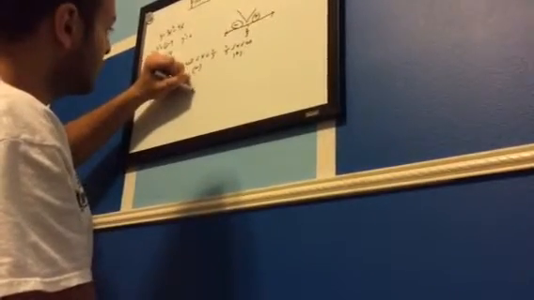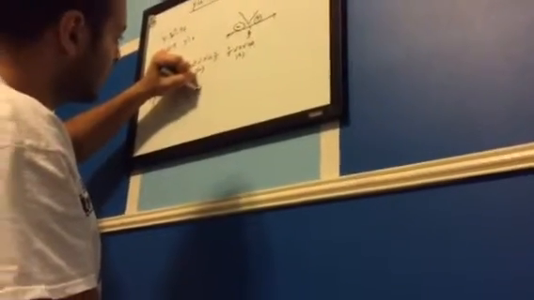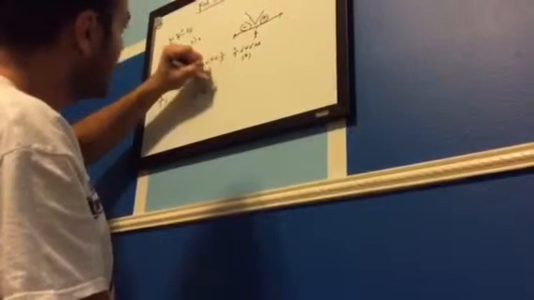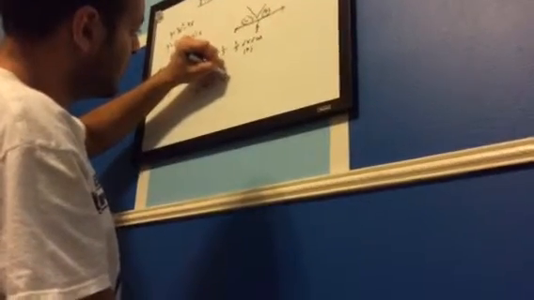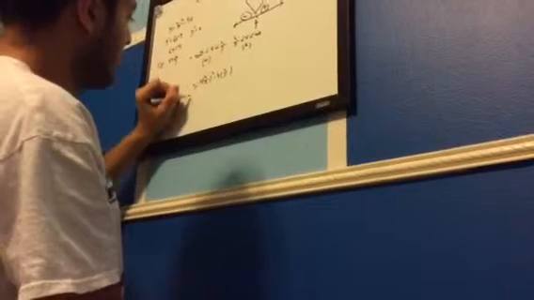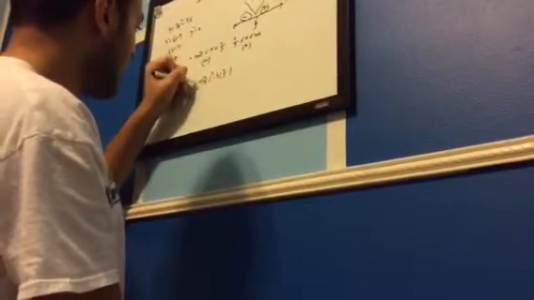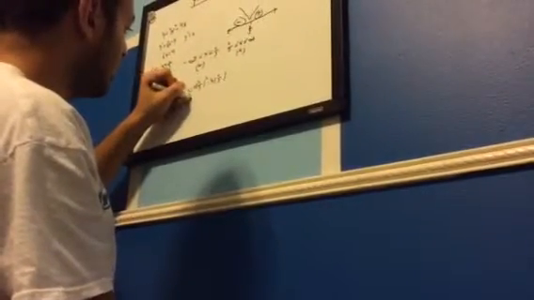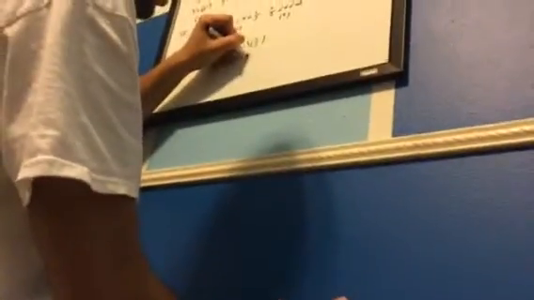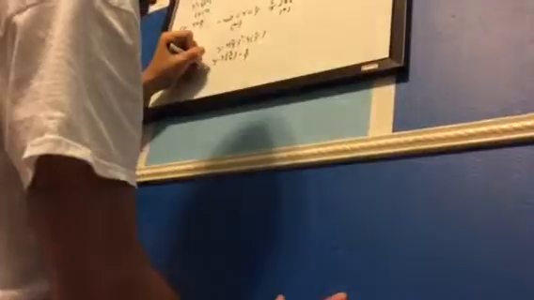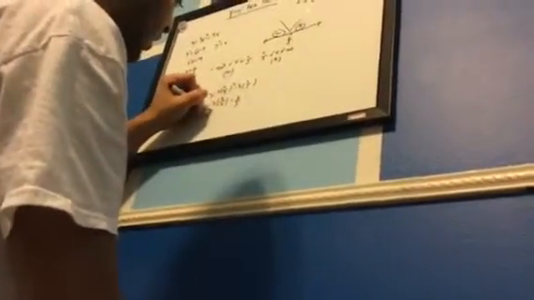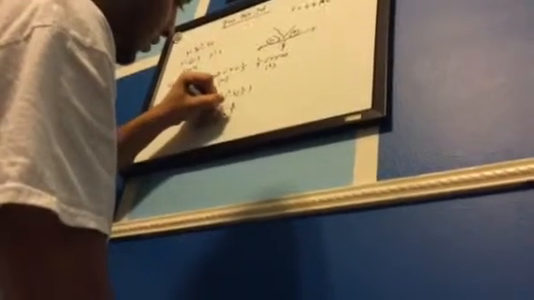Now we plug the 2/3 back into the original equation. So y equals 3 times 2/3 squared minus 4 times 2/3 to figure out our y value, our y coordinate. And this is just algebra from here. 4/3 minus 8/3 equals minus 4/3.